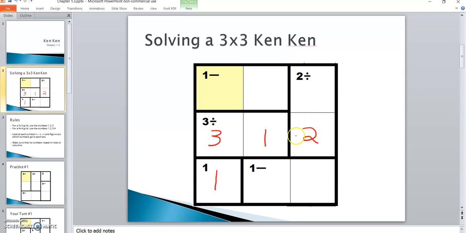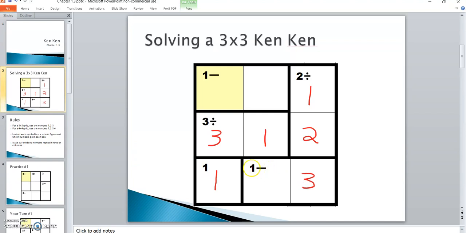So let's move on to a different rectangle. So right here, my two numbers, when I divide them, equal 2. So 2 divided by 1 equals 2. And now I can see that I've got a 1, a 2, and now I just need my 3 right there.